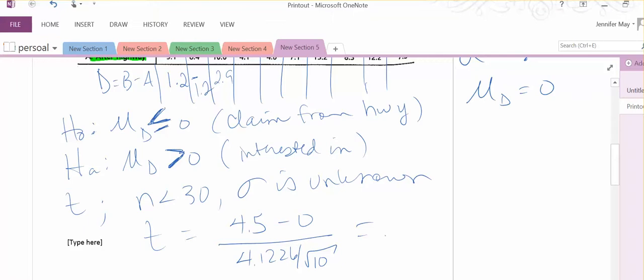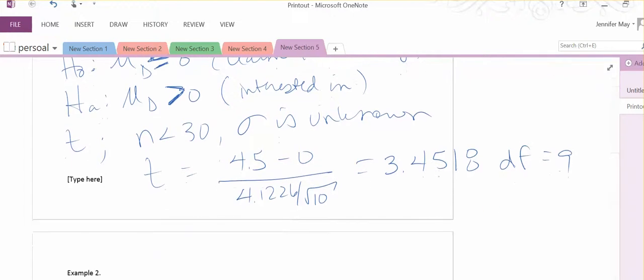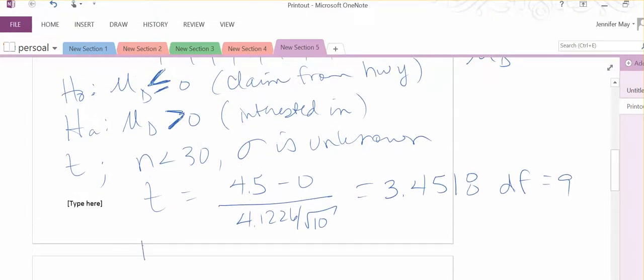So I do a little number crunching, and I should get that t is 3.4518. The degrees of freedom is 9, because I had 10 districts. And now I need a p-value statement. The p-value statement will read like this, that it's the probability that t is greater than 3.4518.